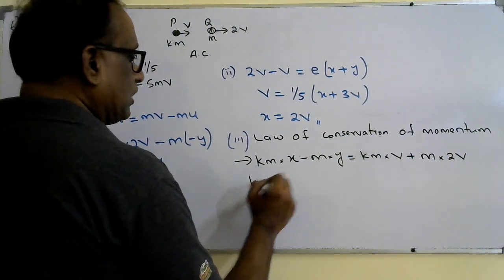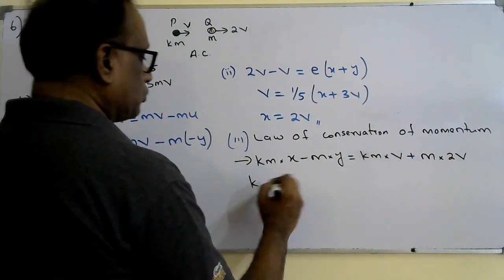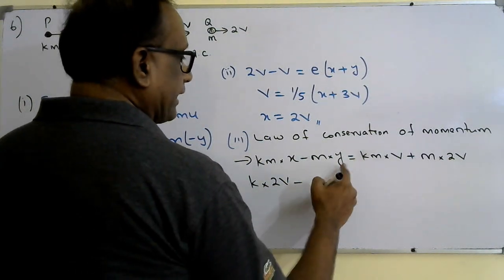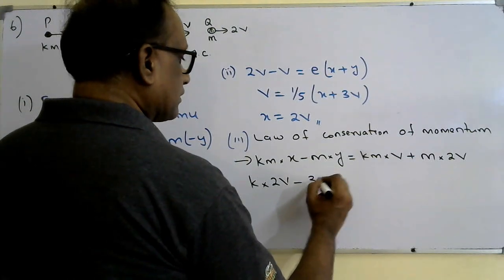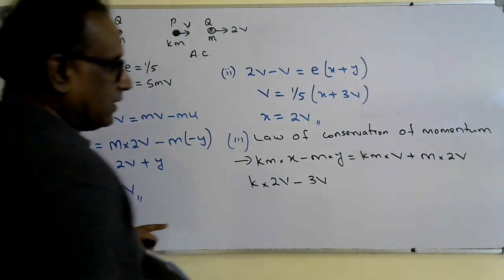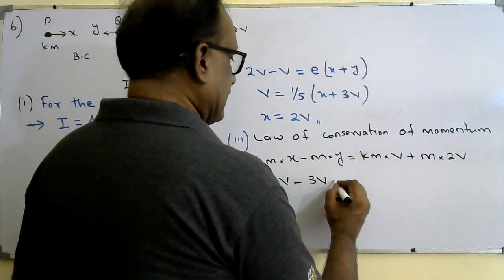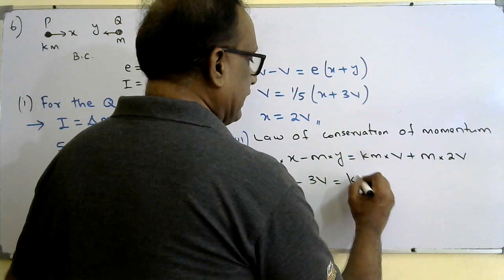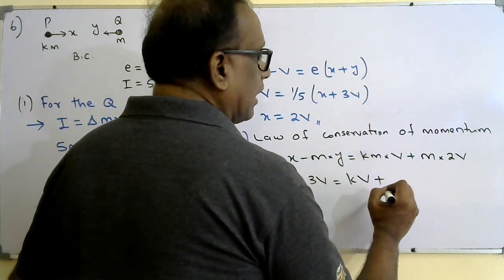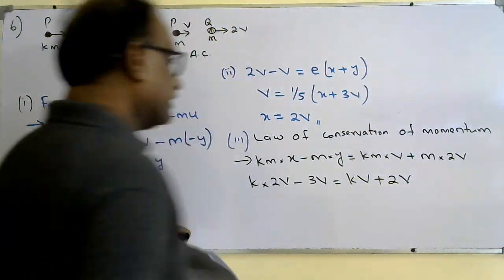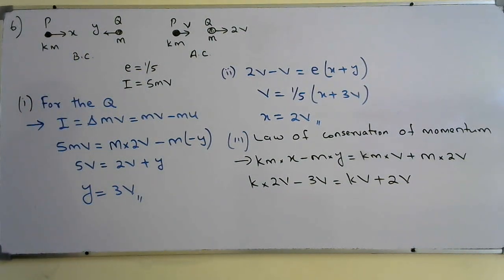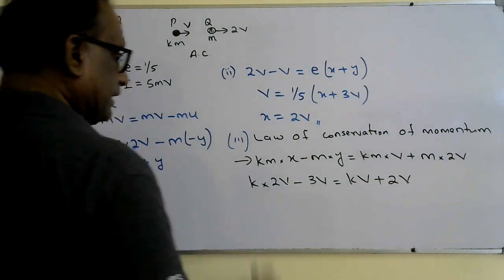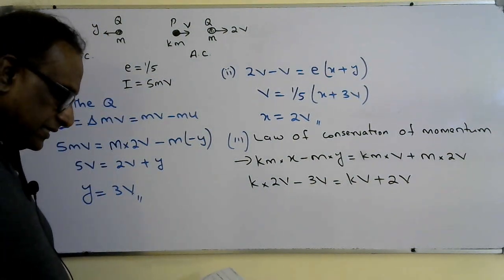So k into x, we can say 2v, minus y is 3v, is it? All the m's got cancelled, is equal to k into v plus 2v. Okay, so what will it be? 5v.